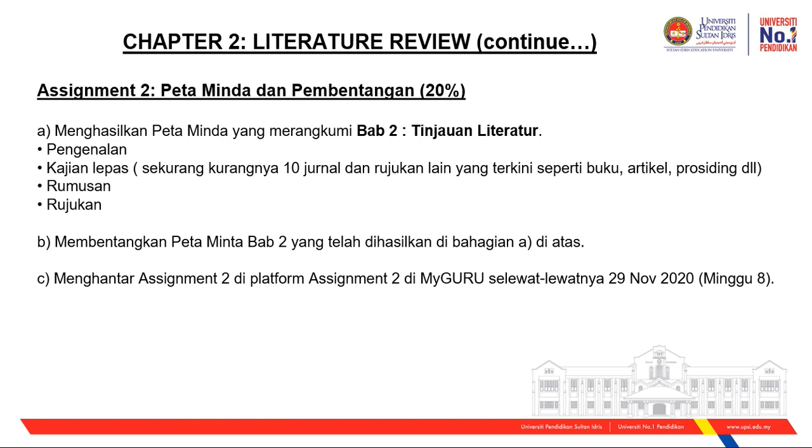Remember, this literature review can be in Malay or in English, but throughout the chapter you must use the same language. You cannot mix Malay, English, Malay, English. So you choose one language, either Malay or English. So what is the content of your mind map or Peta Minda? You must have the pengenalan.